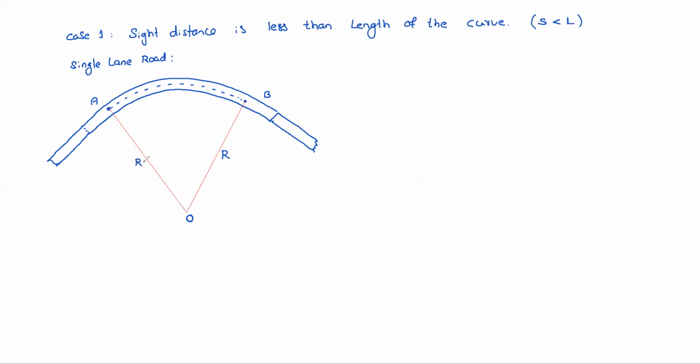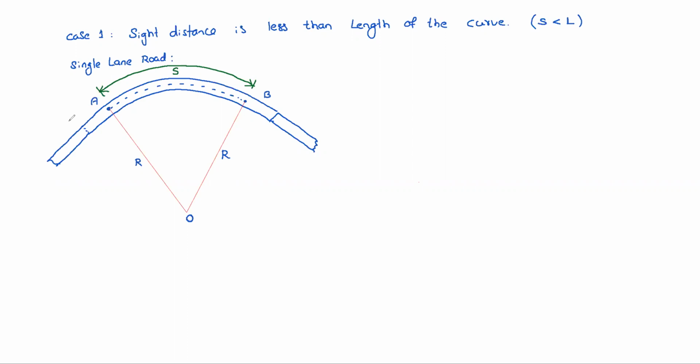Now this A to B, along the center line, I will mark here separately. This one is the sight distance. See, the length of the curve is more than that.